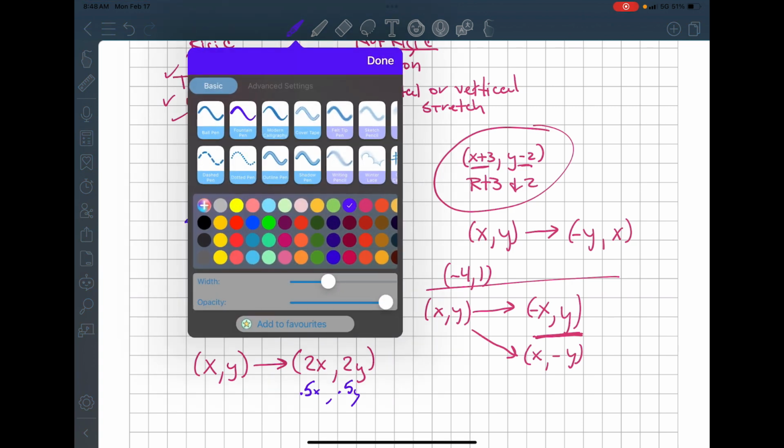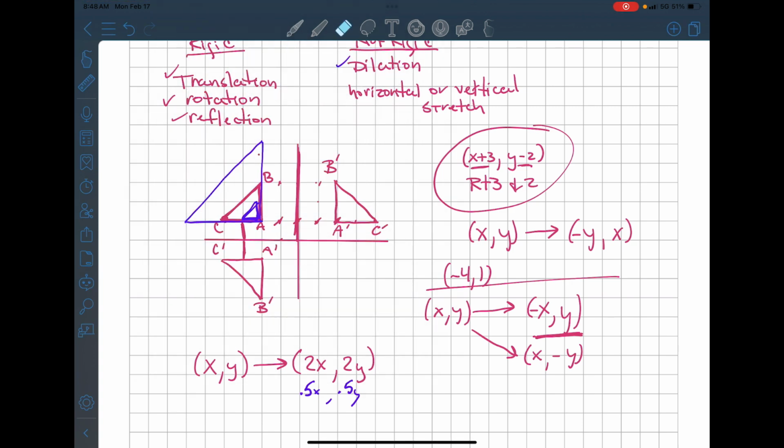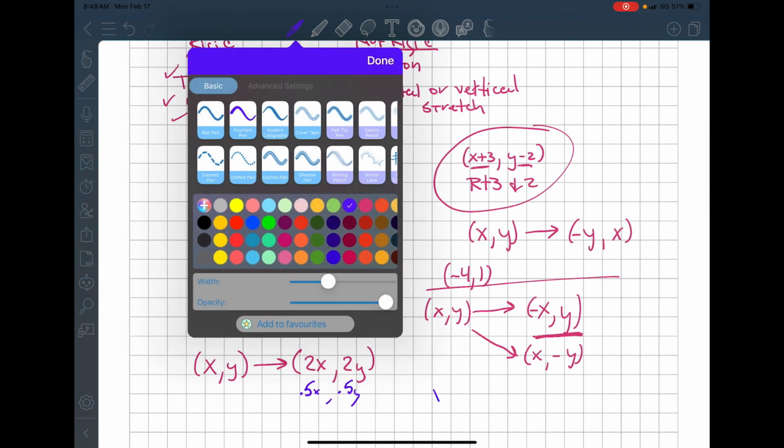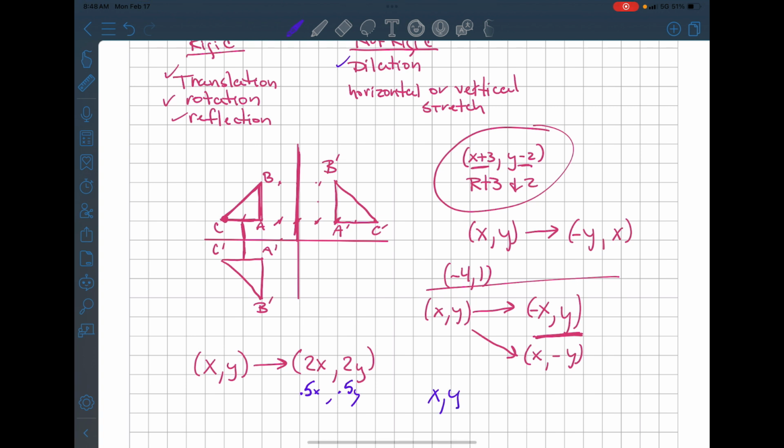All right, and now we're going to do a horizontal stretch. I'm going to erase this part. And if that is where we multiply, I'm going to leave it there. We multiply either x or y by a different number than the other. If I just wanted to do just one of them, that is possible.